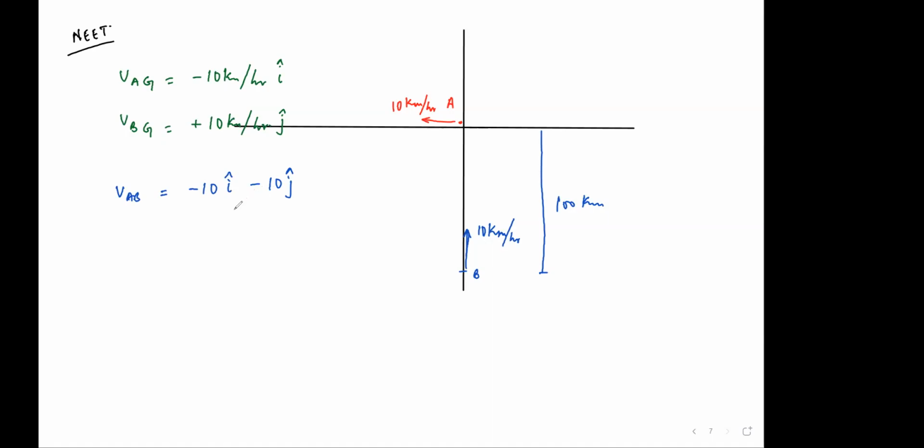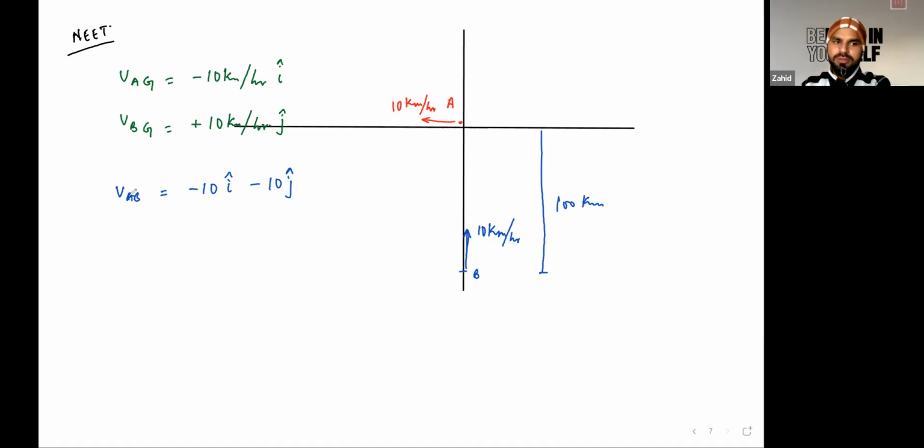So if you want to calculate the inclination as observed by A, just calculate tan theta. It will be perpendicular by base. So perpendicular is minus 10 and base is minus 10, so it will be just 1. So theta will be 45 degrees.